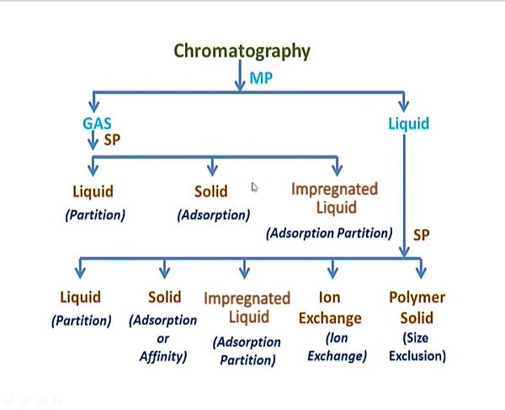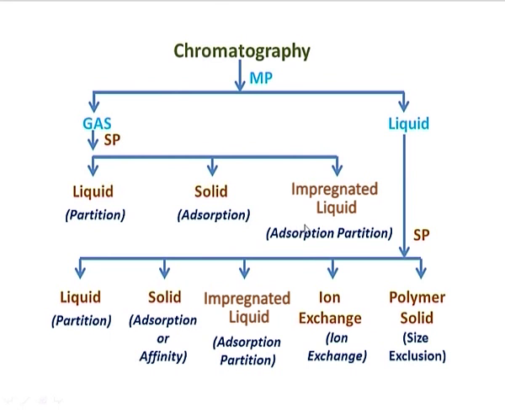Now, in certain cases, especially in HPLC columns, we do not just take an open tubular column. Instead, a solid particle is taken, and those solid particles could be, for example, diatomaceous earth. Those solid particles are then coated with the liquid.